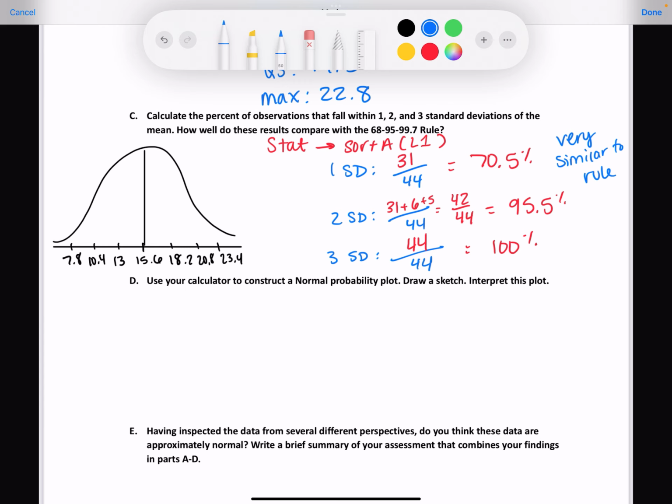Data list is whatever you put your information in. Data axis is going to be X for this. We pretty much are always going to use X. And then zoom 9 again.